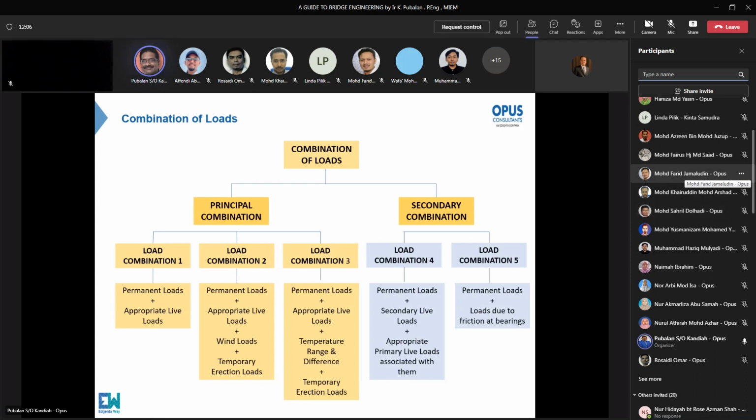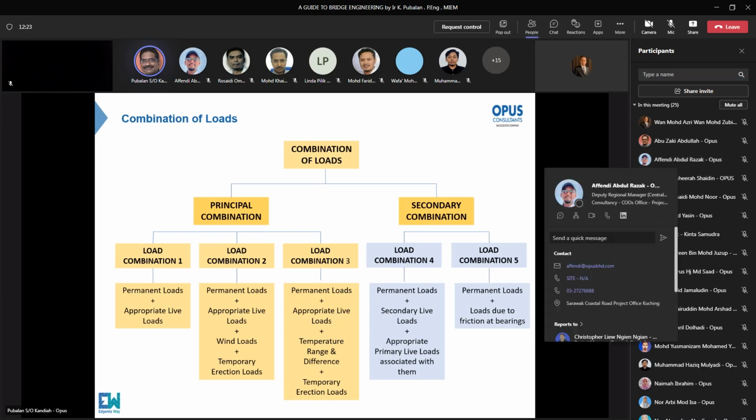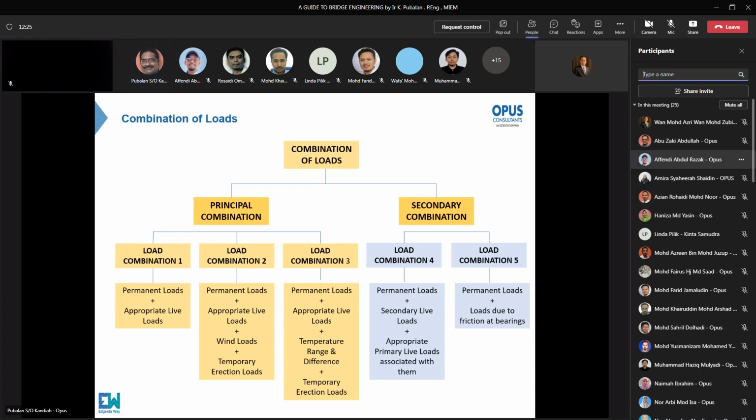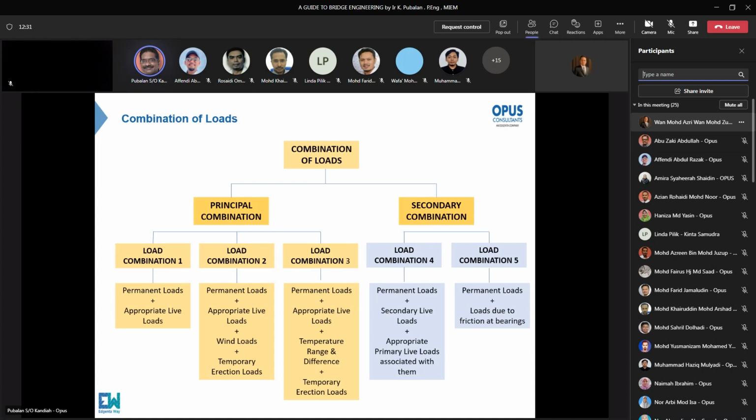Permanent loads is basically the self-weight of the structure and also the permanent fittings on the structure, like your bridge parapet rails, your concrete curb, okay, your deck slab, the beams. So all these are permanent loads, right? Live loads, we will look into it as well, all right?